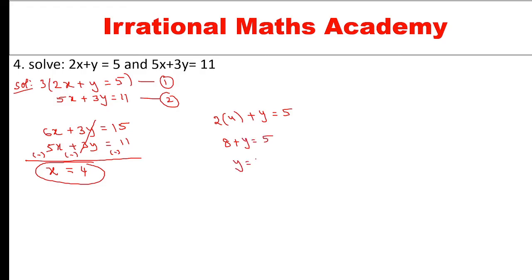Y equal to 5 minus 8. Y equal to minus 3. So I got the x and y values by the elimination method. I used it here because no specific method was mentioned in this question.